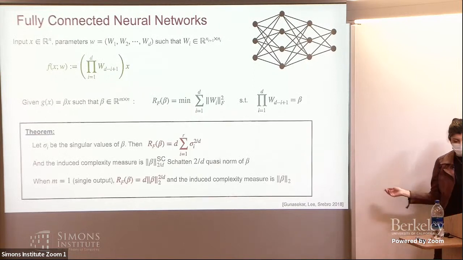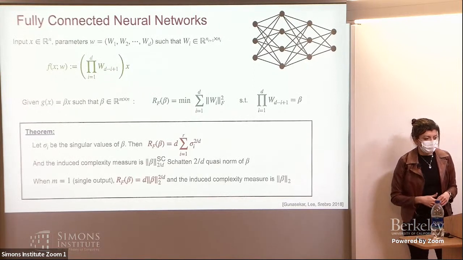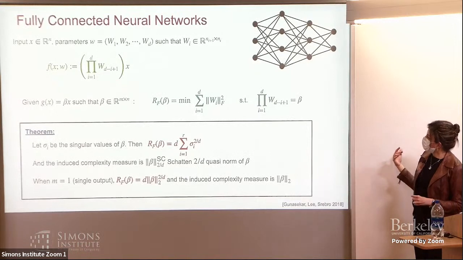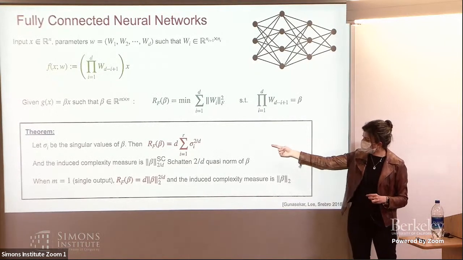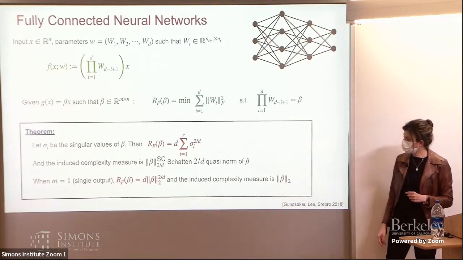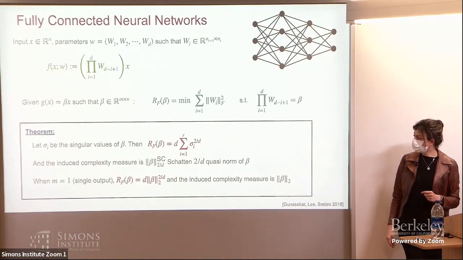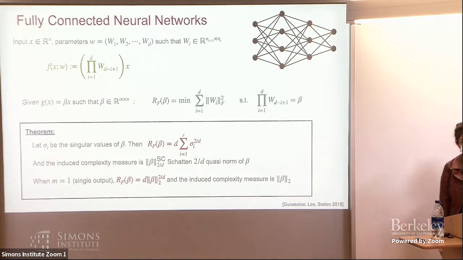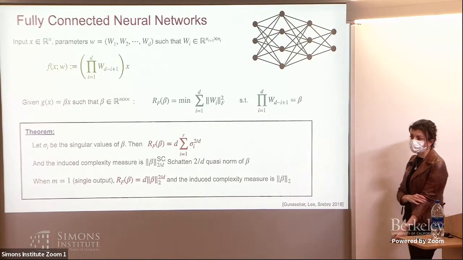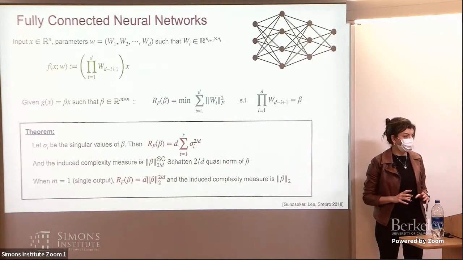This has been seen in a previous paper: the representation cost of this network is D times the summation of sigma_i to the power of 2 over D, where sigma_i are the singular values of matrix beta. The proof is very intuitive, so I suggest you think about it for a minute.